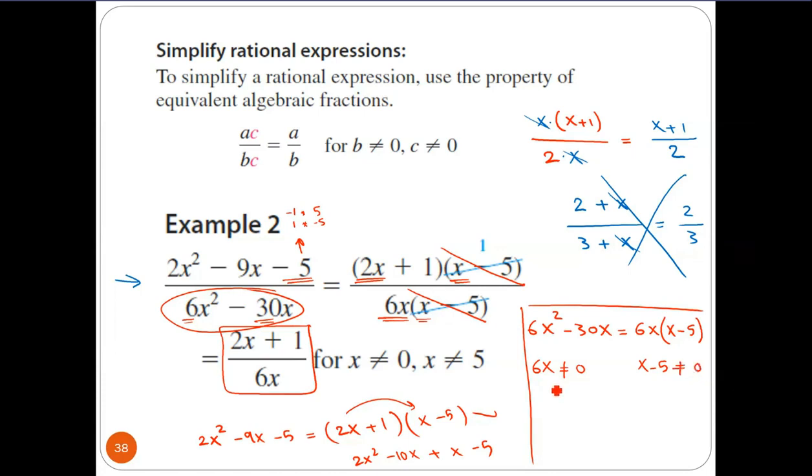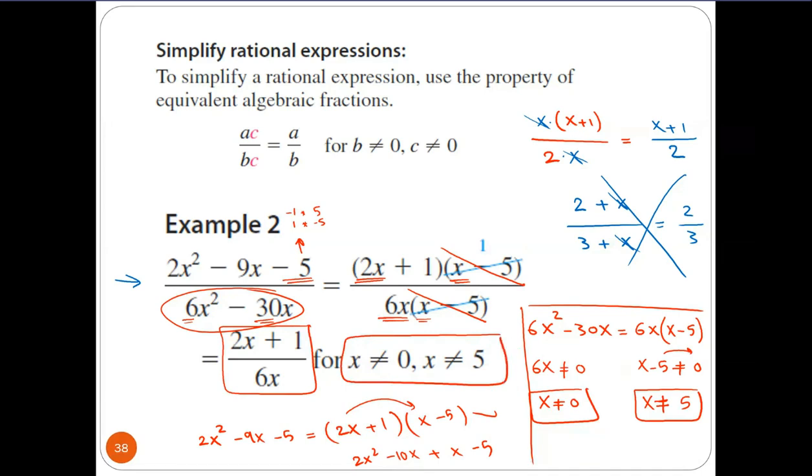By dividing by 6, so x not equal 0. This is the first restriction. The second, move negative 5 to get positive 5. So the value of x must be not equal 0 and not equal 5. Any question?